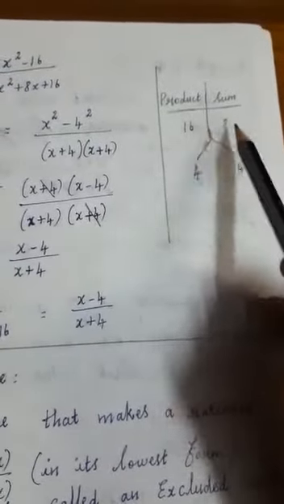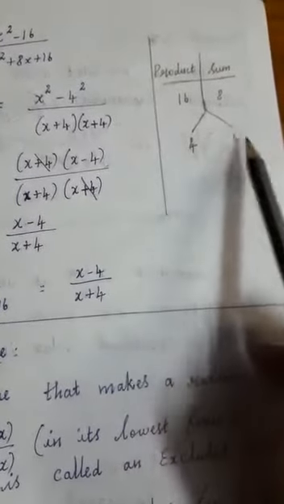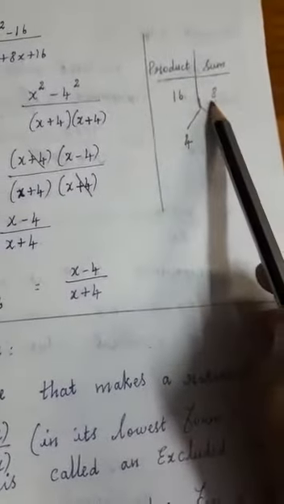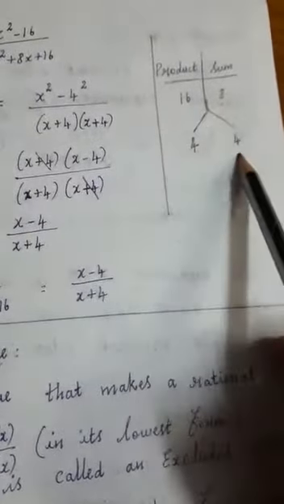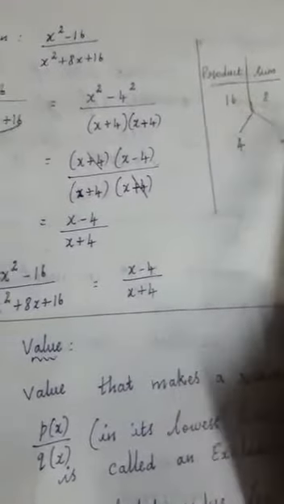Which two same numbers, if you multiply, give 16, and if you add, give 8? 4 and 4. 4 fours are 16, 4 plus 4 is 8. So these are the factors for this quadratic equation.